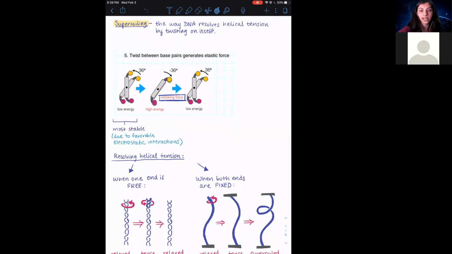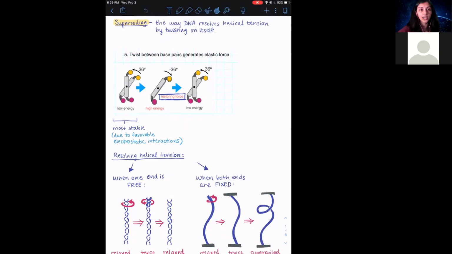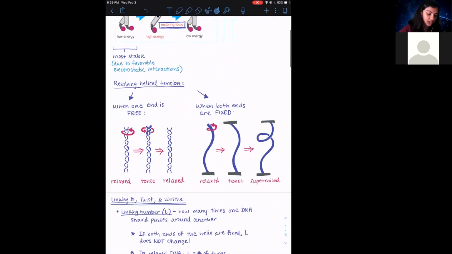In B-form DNA, base pairs are stacked on top of each other at a 36-degree angle, and this is the most optimal or lowest energy angle between the base pairs because it allows for favorable electrostatic interactions. However, if I imagine rotating the two strands of DNA to divert the base pairs from each other and from their optimal angle, the stacked bases would no longer be able to form these favorable electrostatic interactions, and this would introduce tension into the helix. And this tension must be resolved in one of two ways.